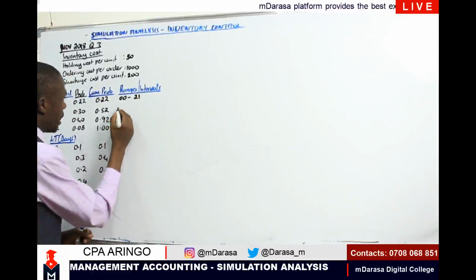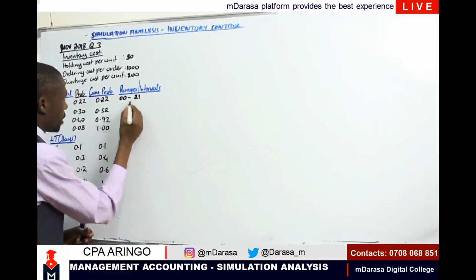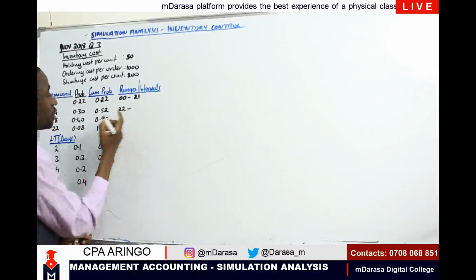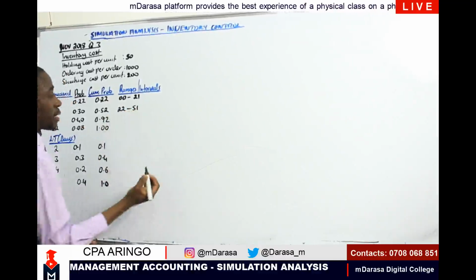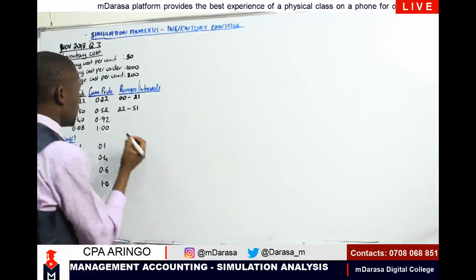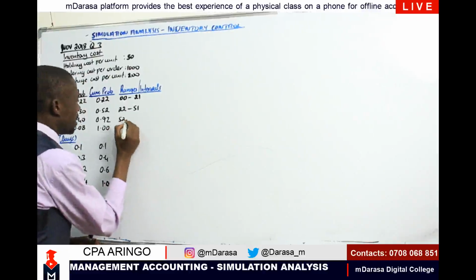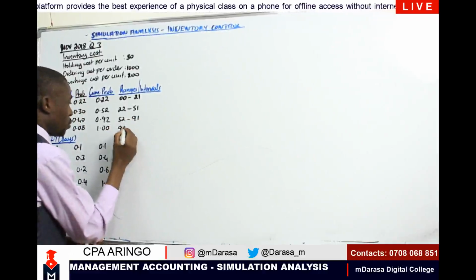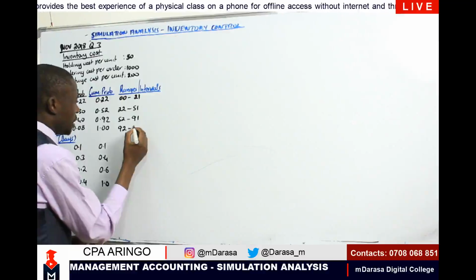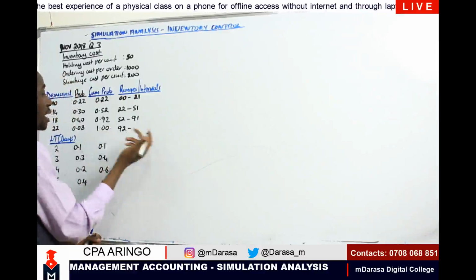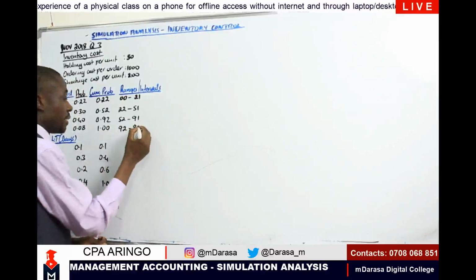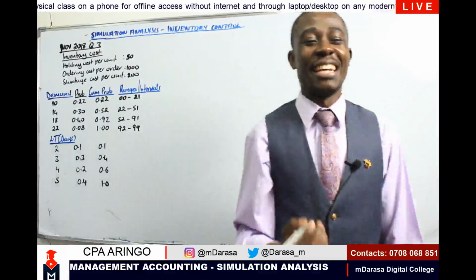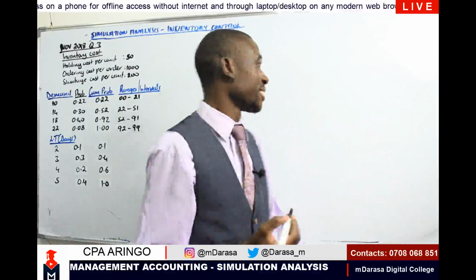Then the next range starts at 22, up to 51. Then from 52, up to 91. Then from 92, up to 99, which is the same as 100. So that is what we need to always master and have at the back of our mind.